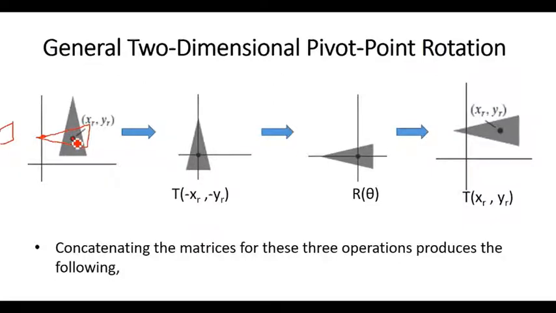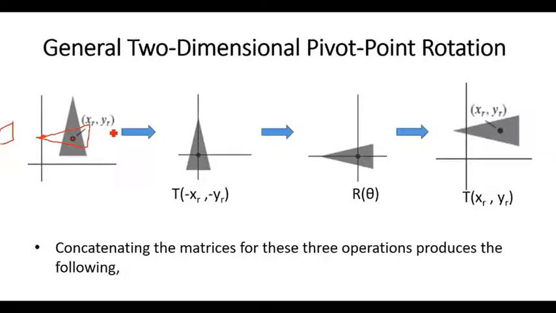In order to do that, I'll perform a translation such that this point comes and sits on the origin. Since this is xr comma yr, if I want to make this point 0 comma 0, I have to subtract xr and yr from all the points on this object.